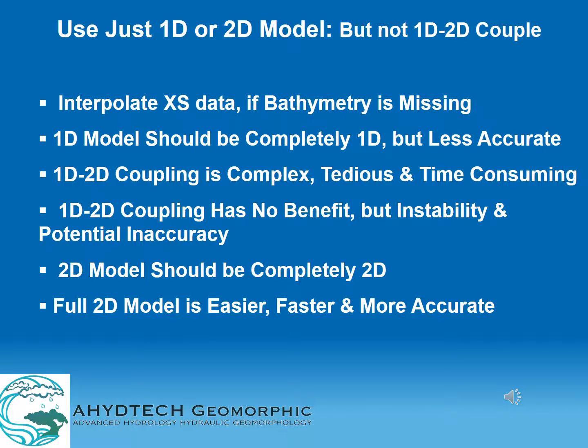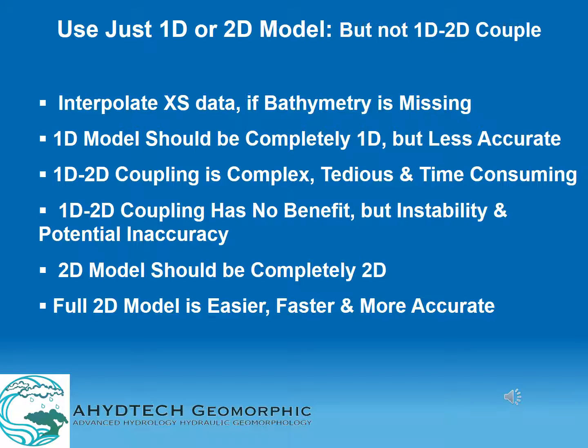When you develop a hydraulic model, use either 1D or 2D, but not coupling between 1D and 2D. If you have cross-section data and you don't have the channel geometry data, you can interpolate the channel geometry from the cross-section data. A 1D model should be completely 1D, but it will be less accurate.